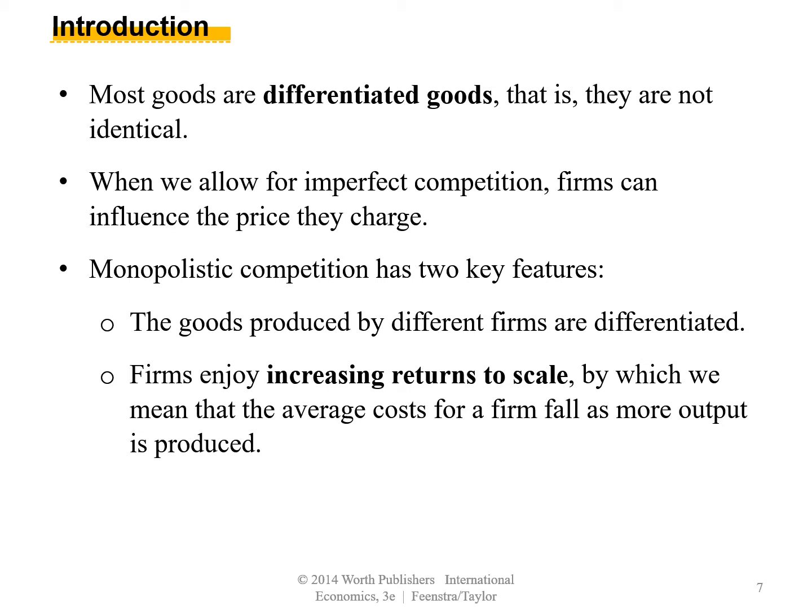One is that the goods produced by the different firms are differentiated. They're not identical, which is what opens the door to having different prices. And also, firms are assumed to enjoy increasing returns to scale. So the average cost of production of a good for a firm decreases as that firm produces more output.